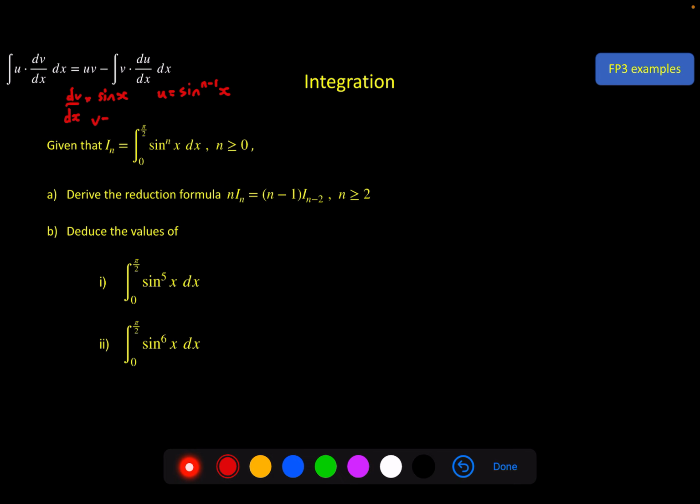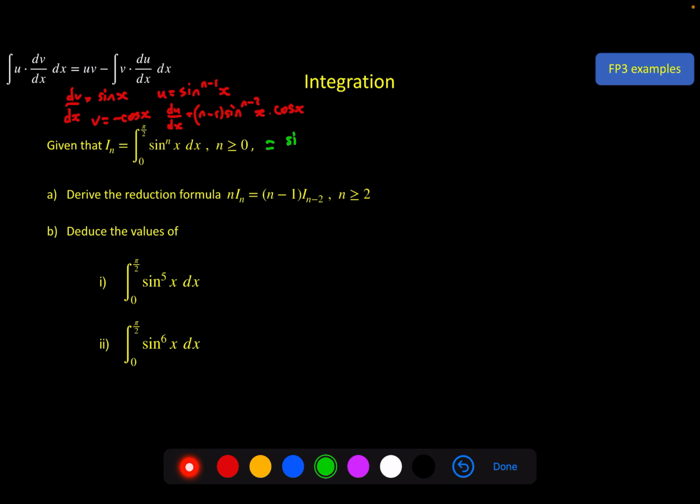So if I integrate sine x, I get minus cos x, and if I differentiate this, I get n minus 1 times sine to the power of n minus 2 x times the derivative of sine, which is cosine x. And then I can apply the formula in white at the top here, as normal. So that is going to equal u times v.